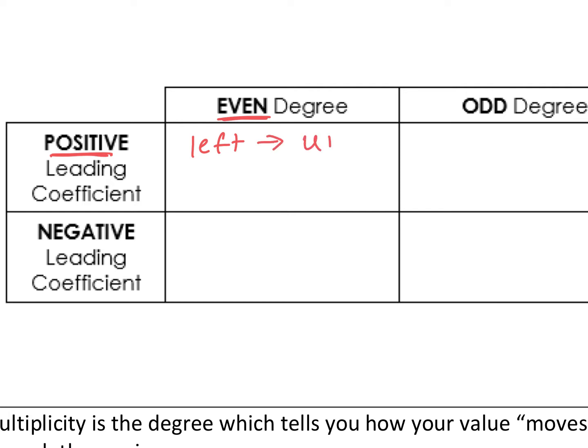It's going up. And the right side is also going up. An example of this would be a quadratic, like the parent function, 1x squared. It's going to look like that, meaning that the end behavior of both of them is going up.